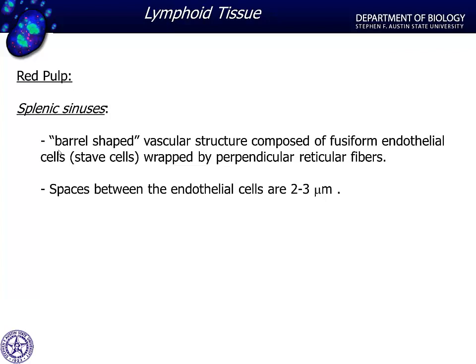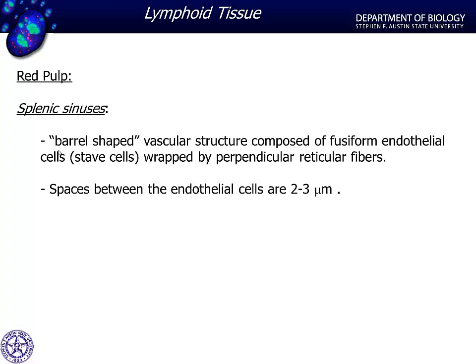Now, the red pulp, when we have these venous sinuses or splenic sinuses, these are going to be structures that are composed of cells, but we say they're barrel-shaped because we have these elongated endothelial cells called stave cells, and they're going to be lined up parallel to each other, and they're going to be wrapped with these perpendicular reticular fibers, much like the rings of a barrel.